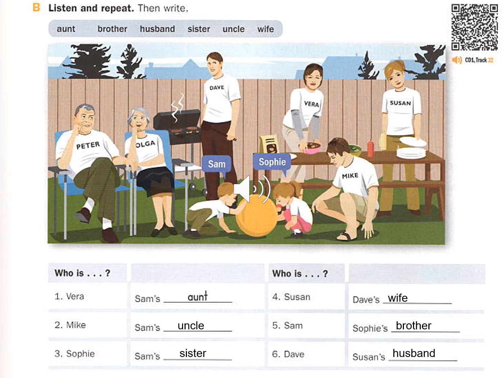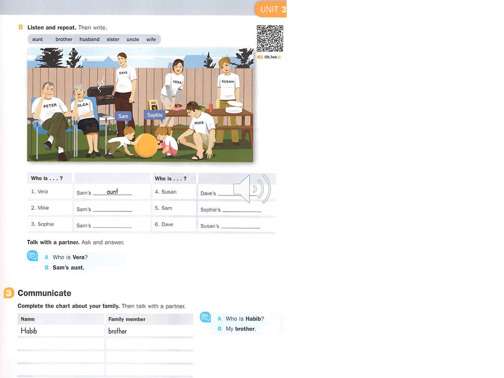Here are the answers. Compare what you see on the screen to what you did in your book. How did you do? Okay, here we are. Let's do part 3.